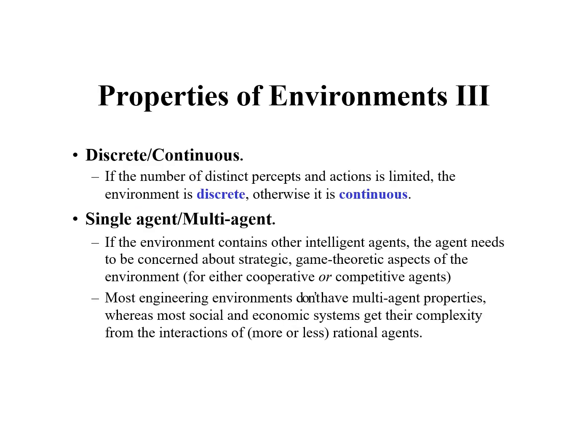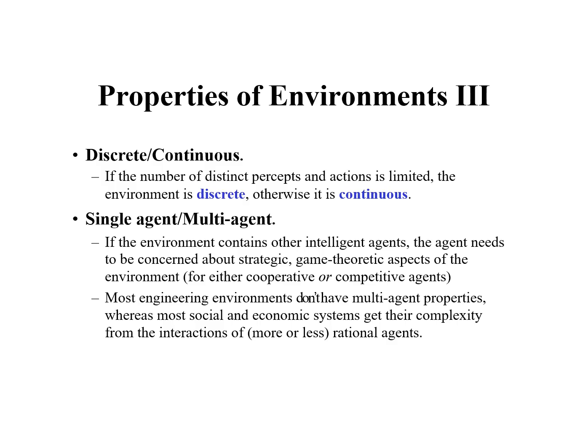Okay, in this session, we'll be discussing discrete or continuous, single agent or multi-agent. Discrete or continuous: if the number of distinct percepts and actions is limited, the environment is discrete, otherwise it is continuous.